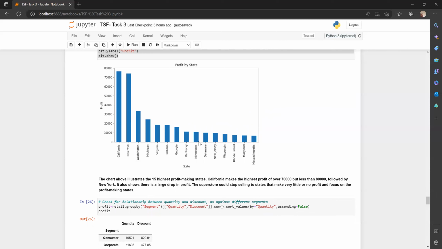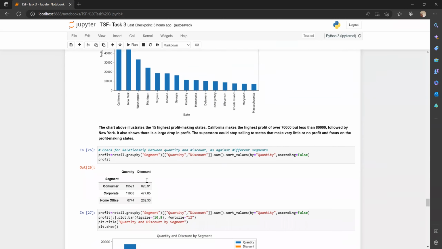It is also seen that there is a large drop in profit. And one thing the Superstore could do is to stop selling to states that make very little or no profits and focus on the profit-making states, which include California, New York, Washington, and Michigan.